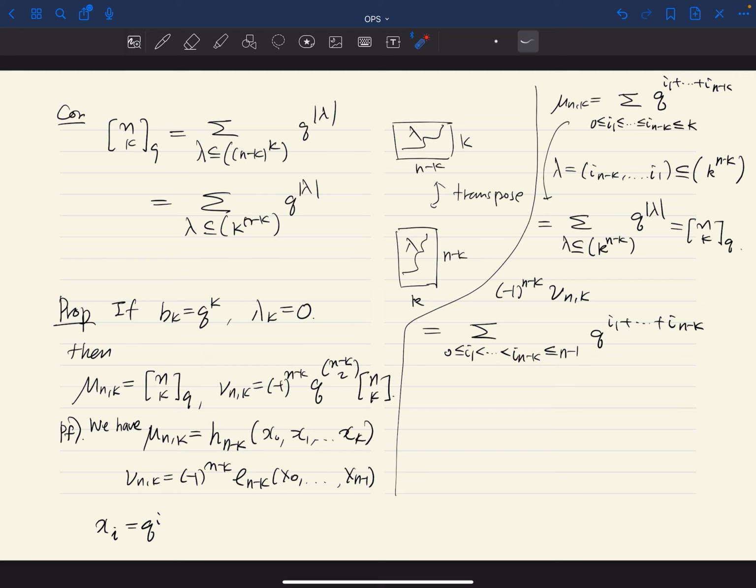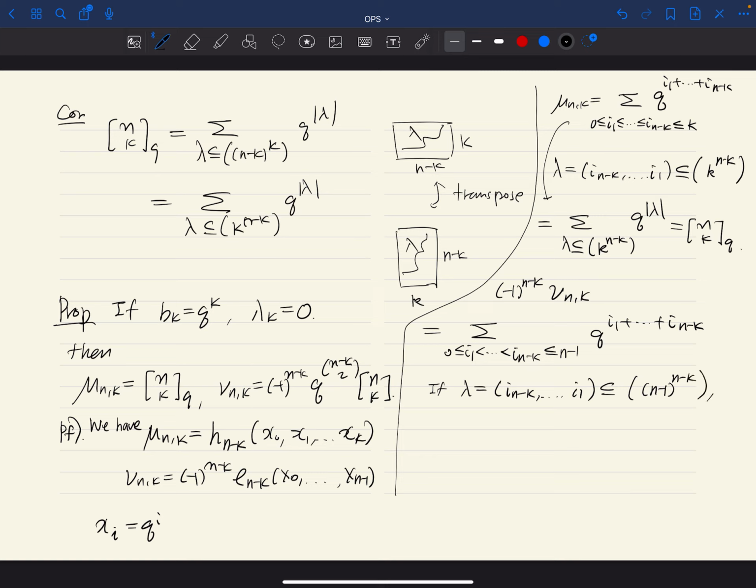If you read this way, so if you define lambda equals i_{n-k} ... i_1, this is a partition, but this is always strictly decreasing. Okay, but where is this contained? The maximum possible number is n minus 1, and we have n minus k things like that.